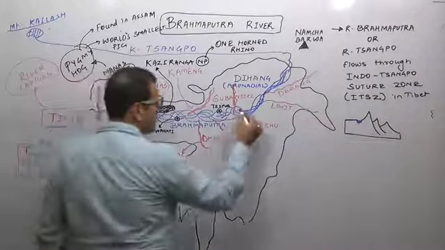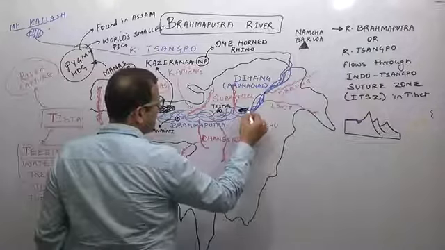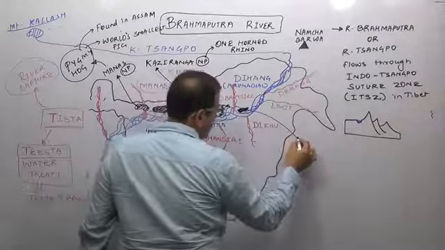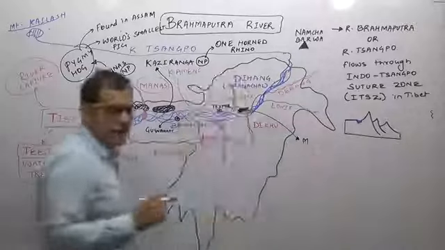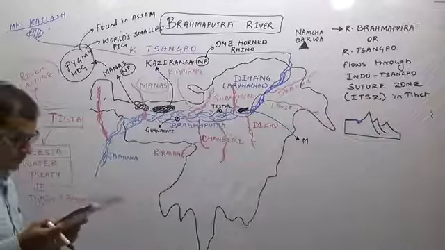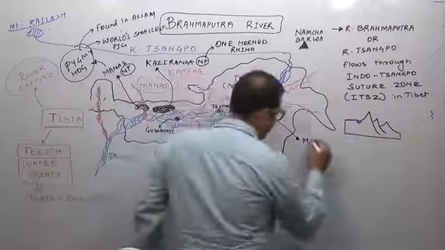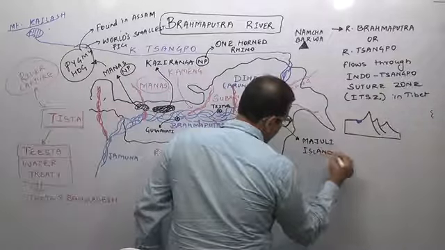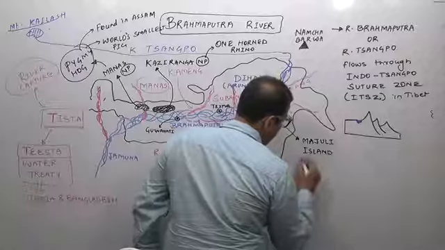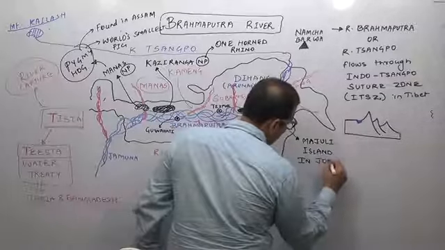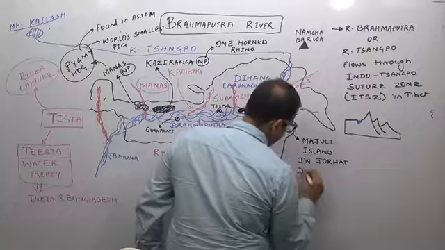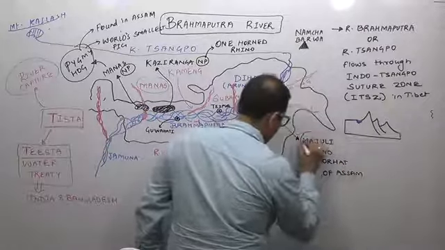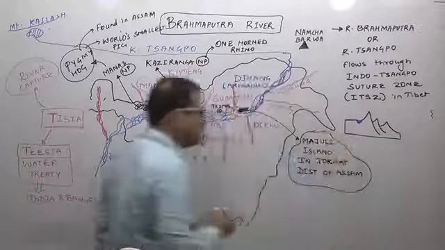But the most important thing about Brahmaputra is the island which is known as Majuli Island. Majuli Island in Jorhat district of Assam is located on river Brahmaputra.